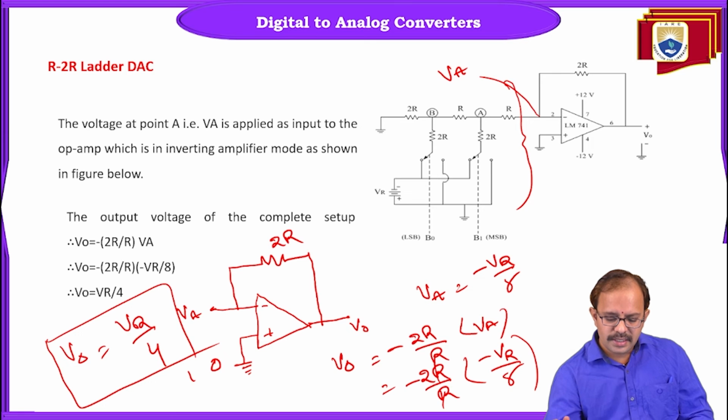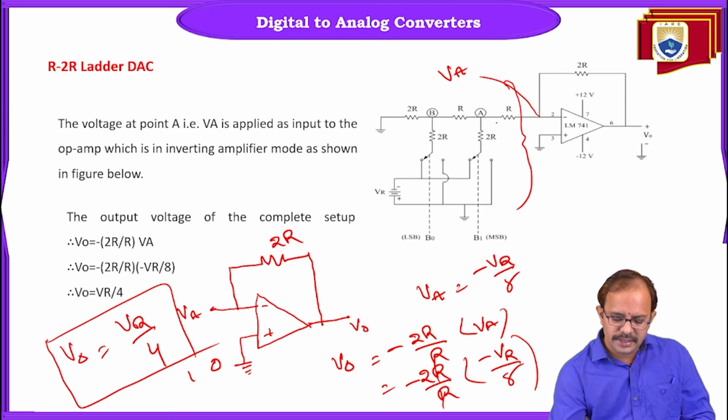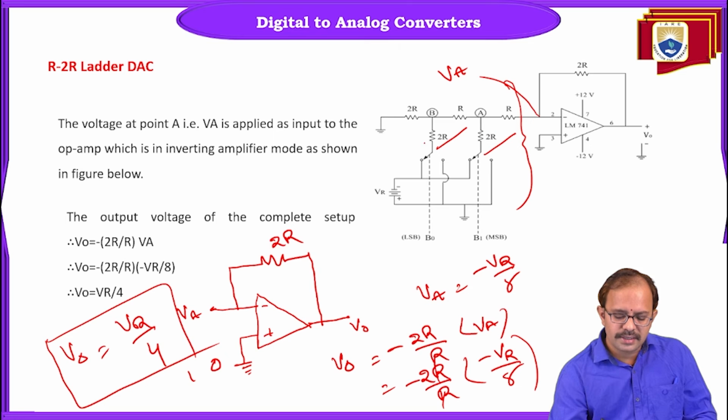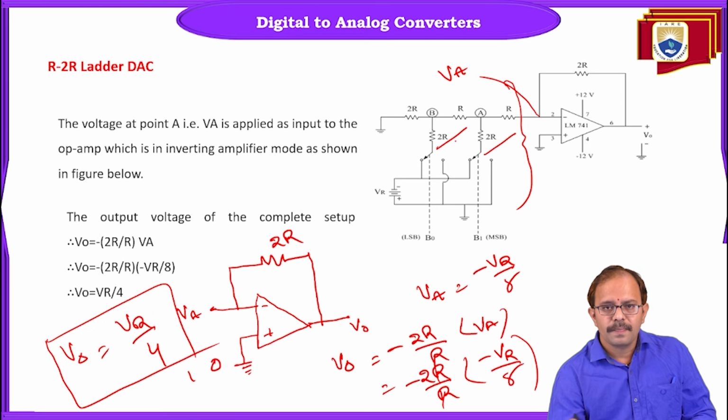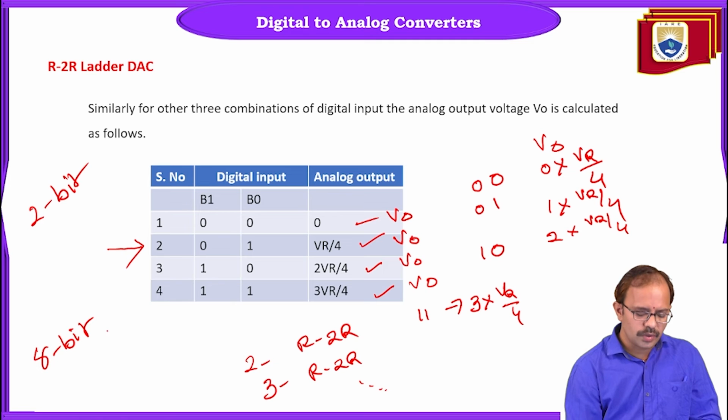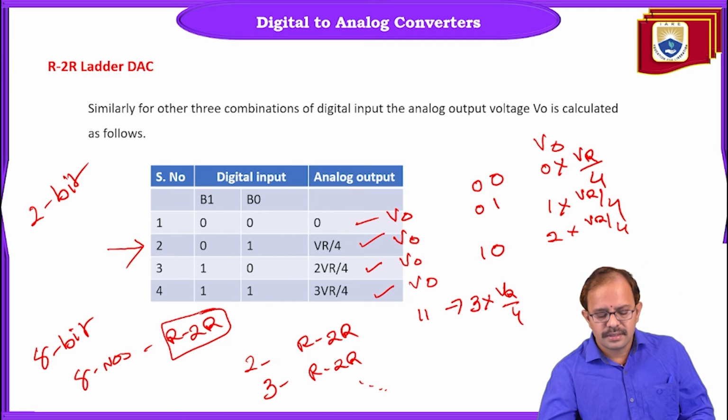Since it is 2-bit data, this is R2R 1 and 2. If we have 3, we are going to have another such combination of R and 2R. Similarly, for 8-bit data operation, there will be 8 combinations of R2R. There will be 8 R2R ladders, right?